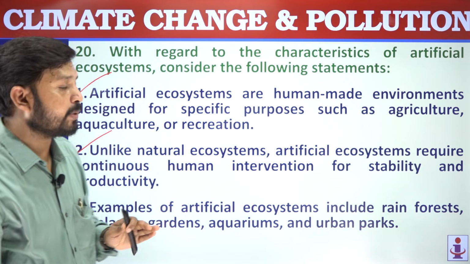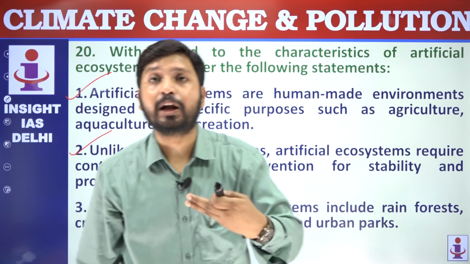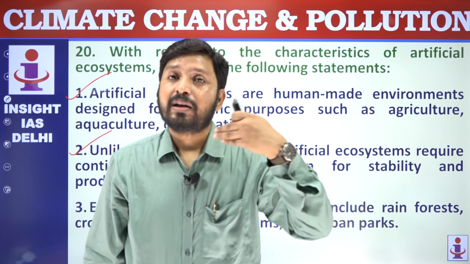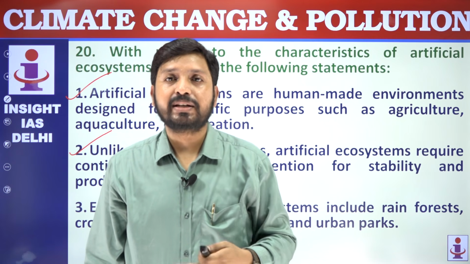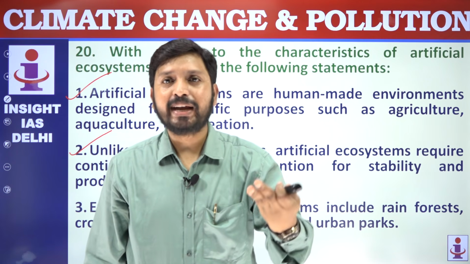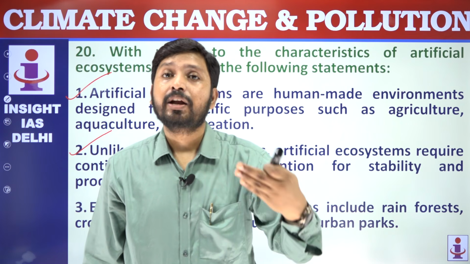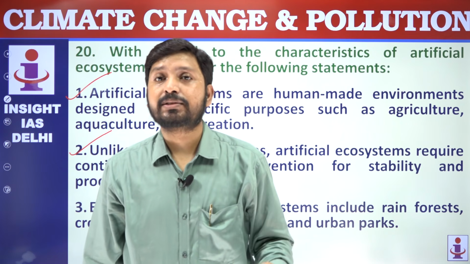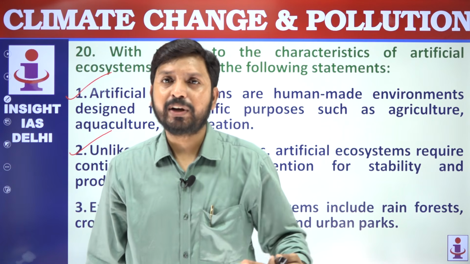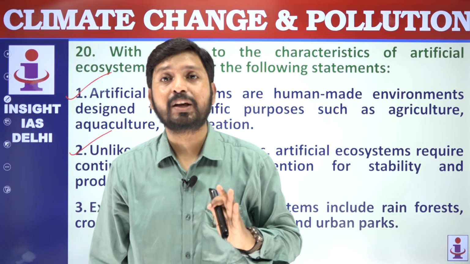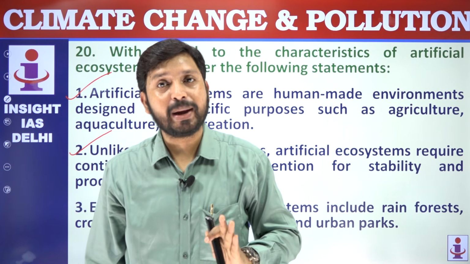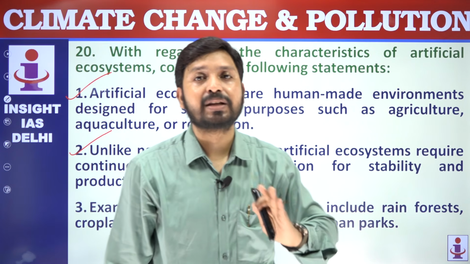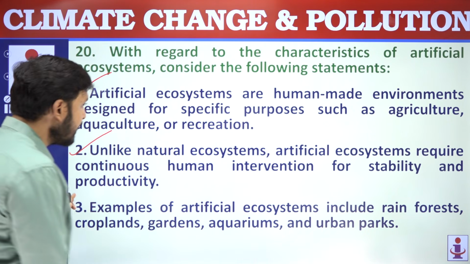Yes, this is also right, because humans have to supply continuous energy. For example, in agriculture, humans have to continuously intervene and supply nutrients, fertilizers or irrigation. Different things he has to supply so that the stability of this artificial ecosystem is maintained. Otherwise instability occurs or collapse will occur. So this is the right statement.